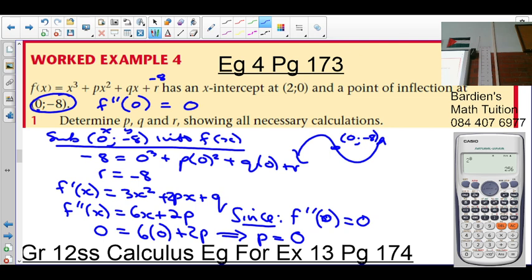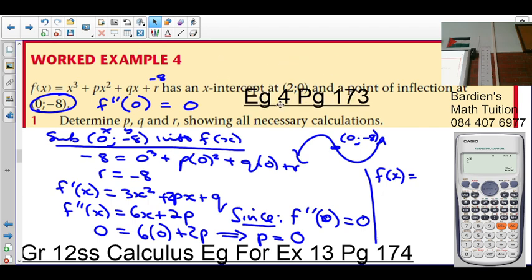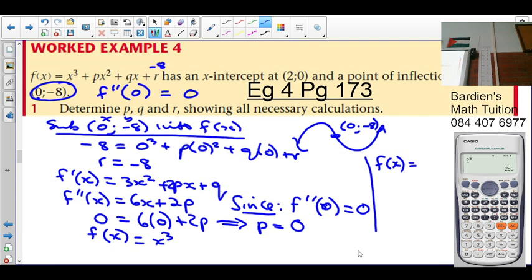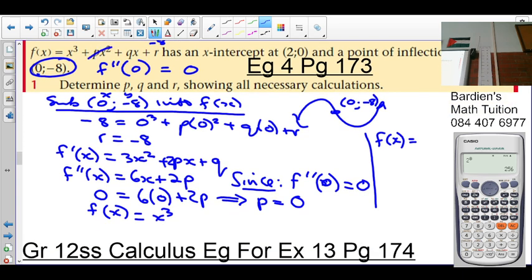So that means to say my equation now reads f of x is equal to x cubed. Your p is 0, so that falls away. Plus qx minus 8.